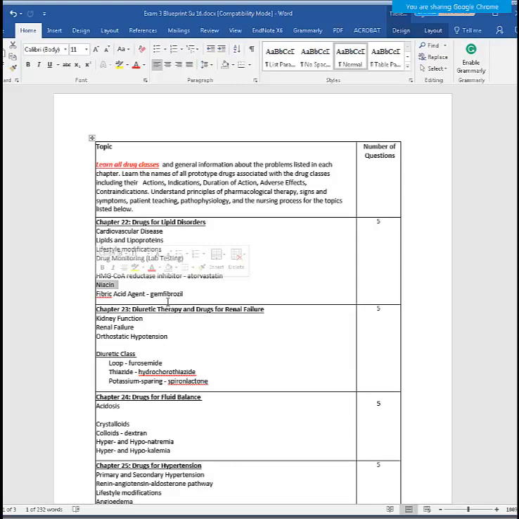Okay. So is it a class of drug? Yeah, it's talking about the different classes, the different drugs used. So niacin, there's no prototype. It's actually more of a nutritional supplement, and so that is on the list. So when you get the blue book, you'll know. Oh, I need to go to page 293 and read about niacin.